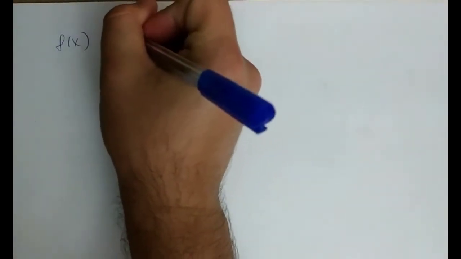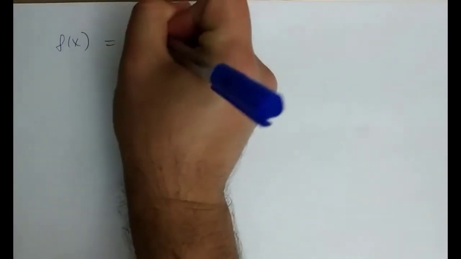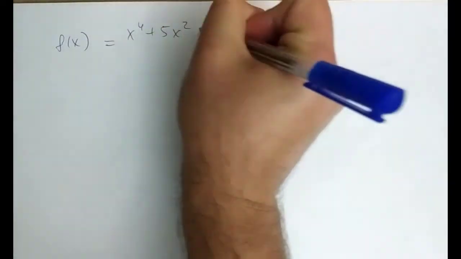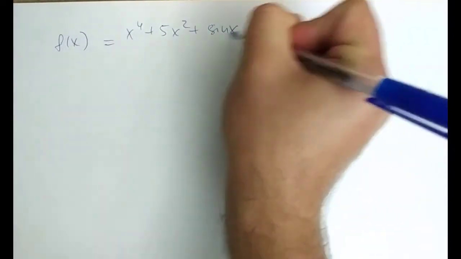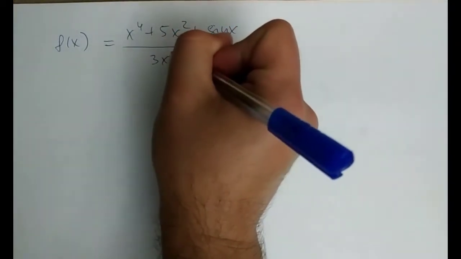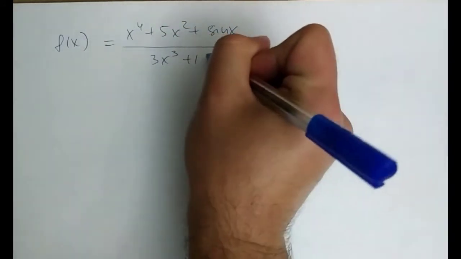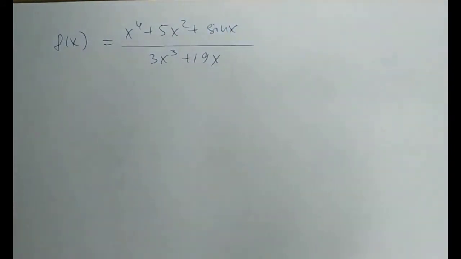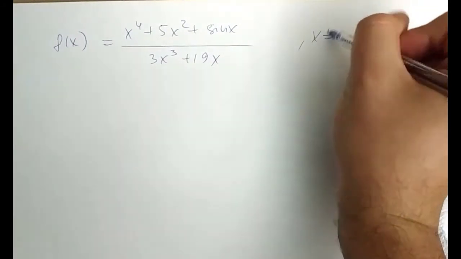Okay, if we make small changes in our example, for example, let's now consider f of x as x fourth degree plus 5x squared plus sine x, but in the denominator we have 3x, now cubed, plus 19x, x not equal to 0.